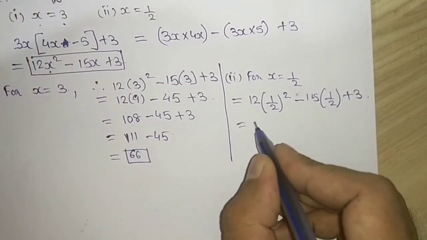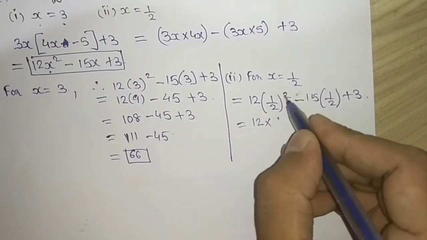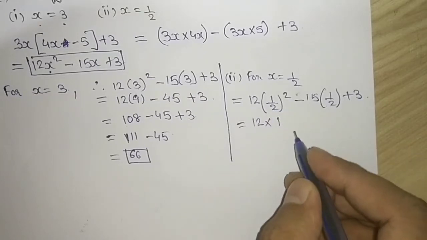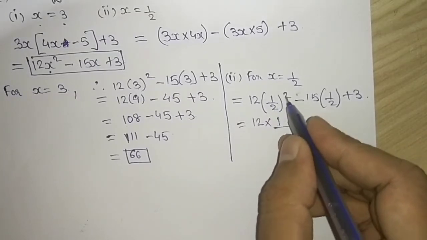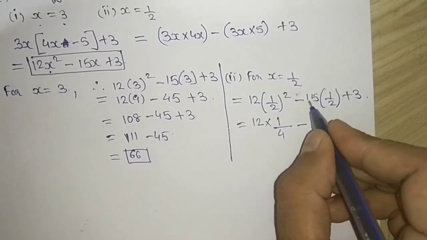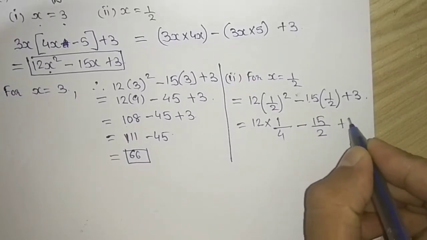So we will get 12 into 1. When we open the bracket, we will square 1, that is 1 1 is 1, divide by 2 2 is 4, minus 15 1 is 15, divide by 2 plus 3.